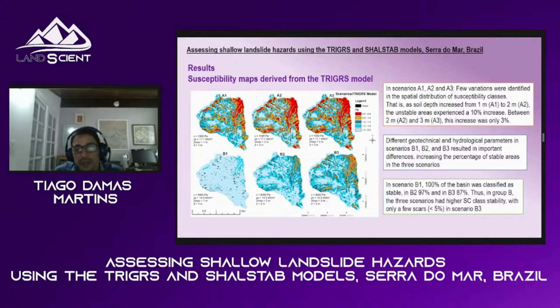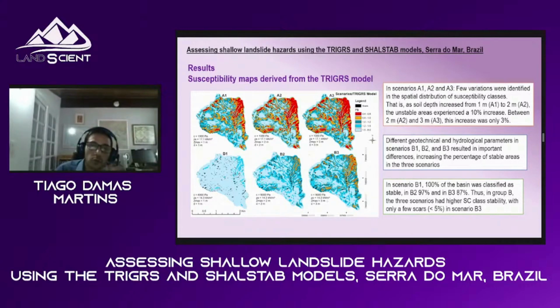This is another key issue about comparing one model to another: how each model presents the results. So in this paper, the number of classes presented by SHALSTAB is different from TRIGRS. So the idea was to divide in the middle the number of classes of SHALSTAB and compare with TRIGRS.